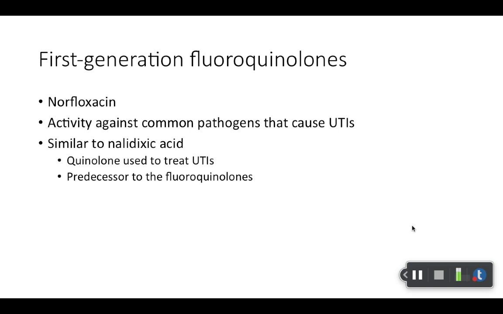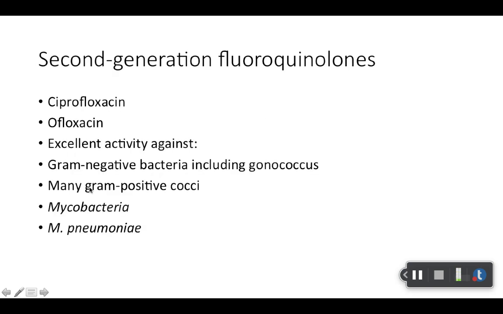It is one of two that you may hear referred to as being respiratory fluoroquinolones. So norfloxacin and levofloxacin are ones that you may hear people talk about as, oh, these are respiratory fluoroquinolones. It can also be used for gonococcal infections and then gastroenteritis. But it's similar to, so this nalidixic acid is a precursor to it. So that's just an FYI historical perspective. Don't worry about that. Second generation.